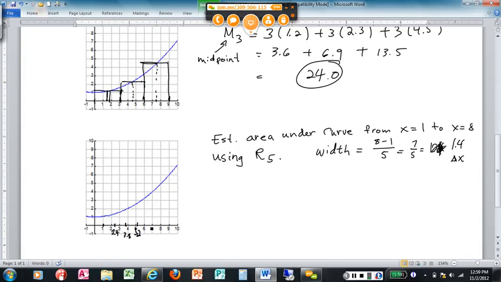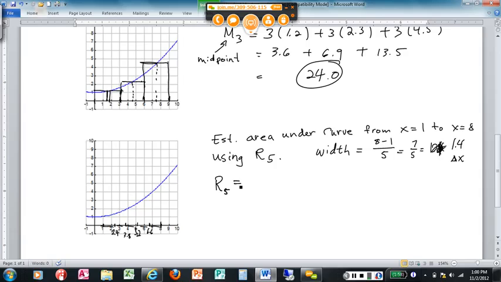And then 1.4 added to that, 6.6. And then that'll get us to the 8, the next one. So that's 5, isn't it? 1, 2, 3, 4, 5. Yeah. So it is 5 units there.